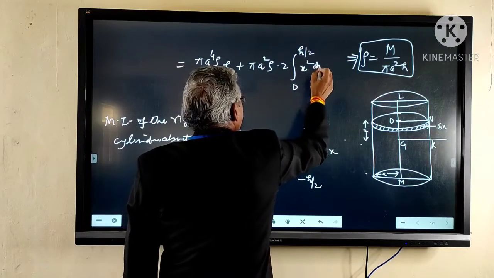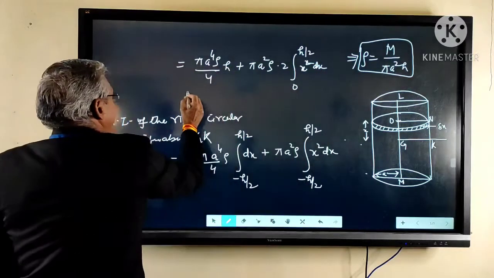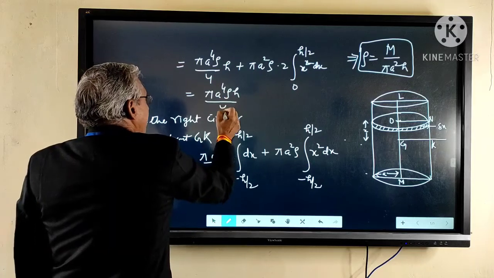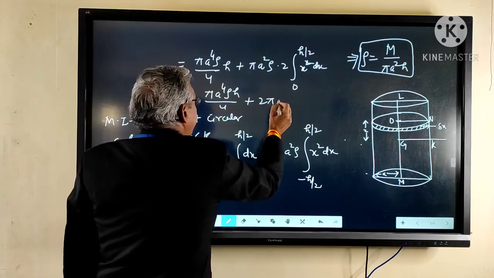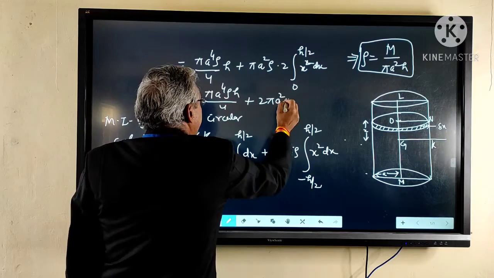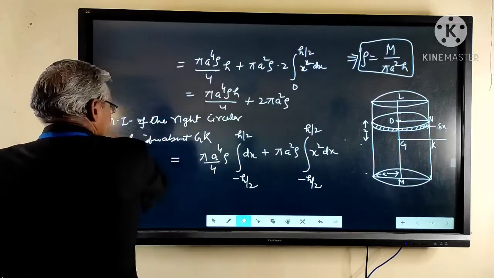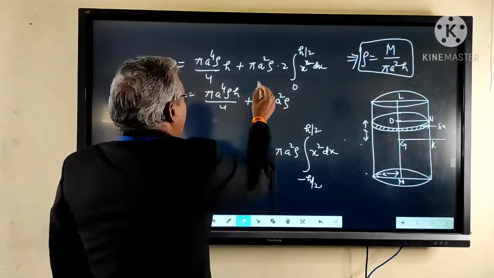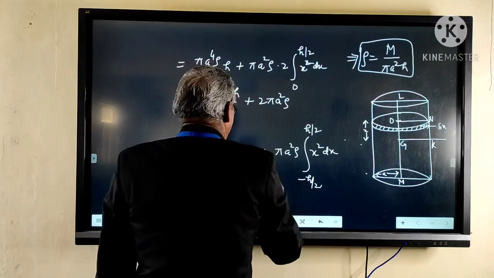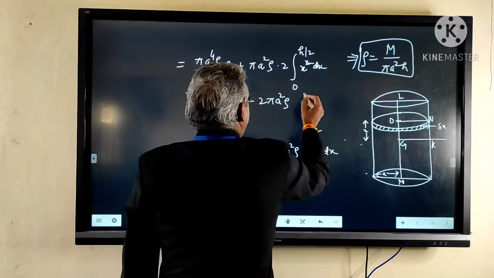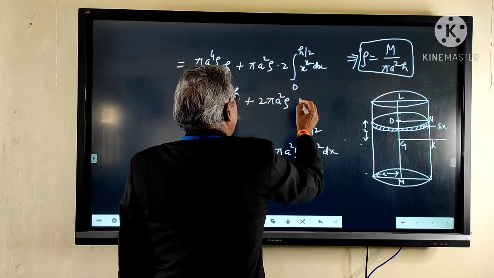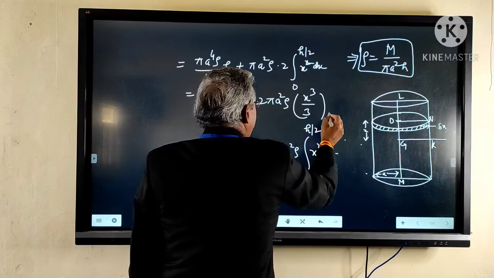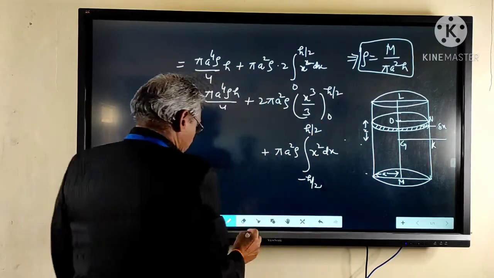This is x square dx and finally this is pi a की power 4 rho h upon 4. This is 2 pi a square rho and this is x cube by 3. So this can be written as this is x cube upon 3 within the limit 0 to this is h by 2.